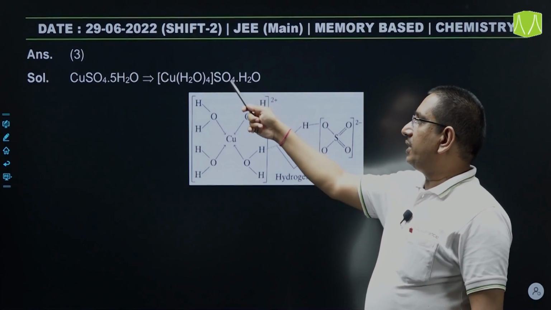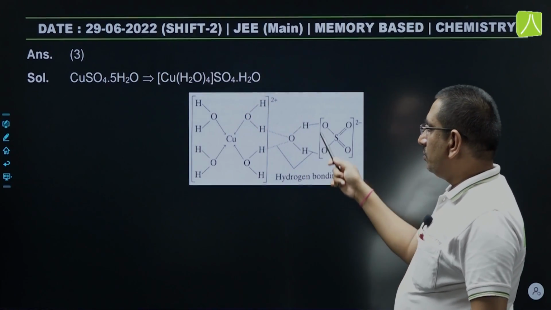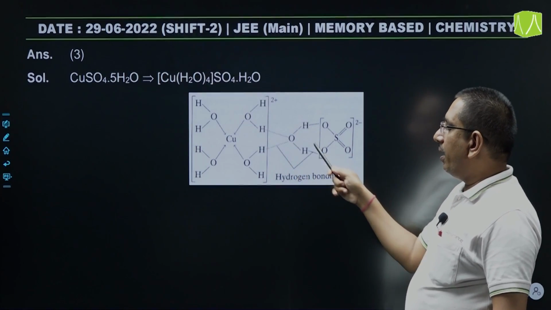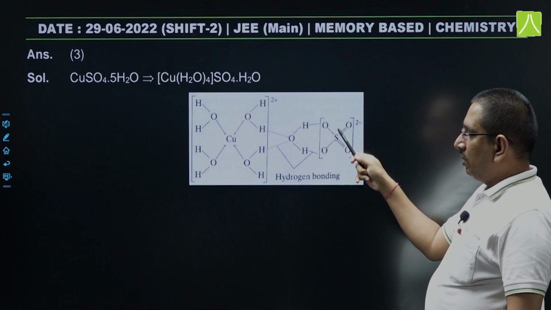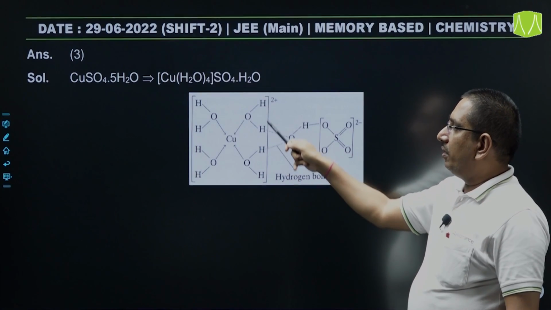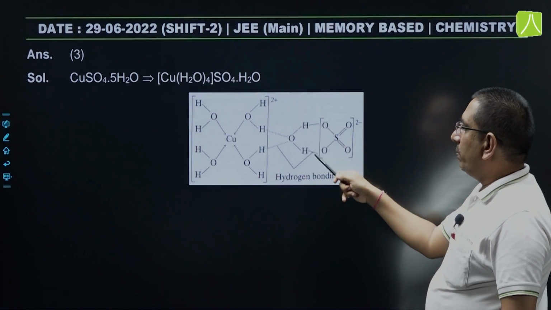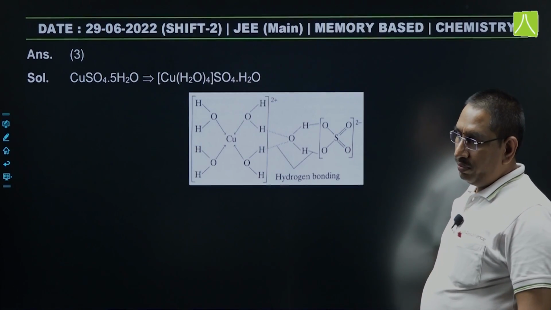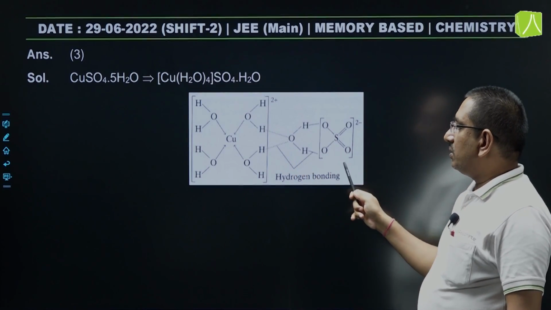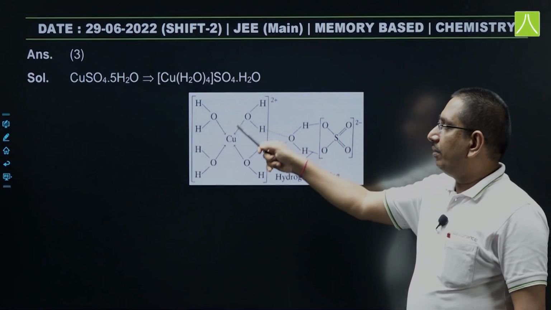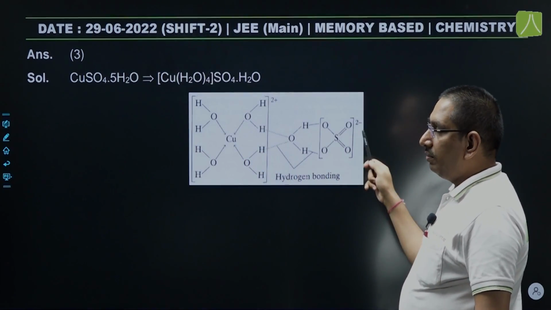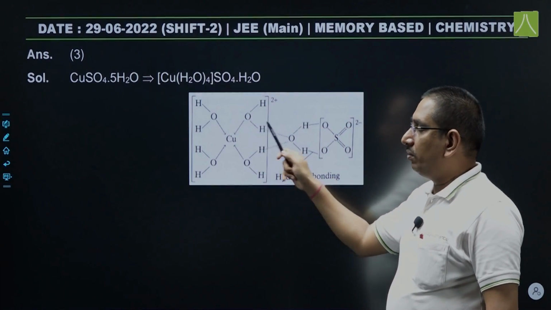Now, this SO4 and H2O, here this water molecule is making hydrogen bond with these water molecules and also with the sulfate ion. So, here one water molecule is making 4 hydrogen bonds, 2 hydrogen bonds are with these two water molecules and these two hydrogen bonds are formed with the sulfate ion, this is a hydrogen bond and this is also a hydrogen bond. So, in this way these are forming hydrogen bonds and these are forming coordinate bonds. Now here sulfate ion is not directly donating electron pair to the copper.